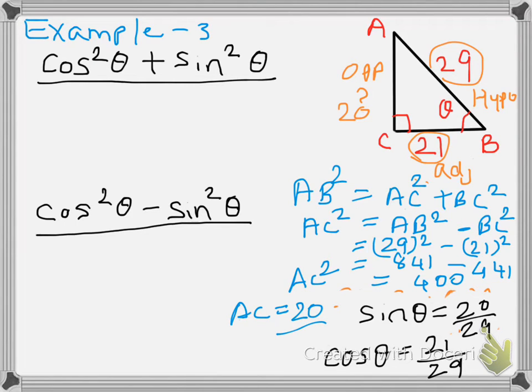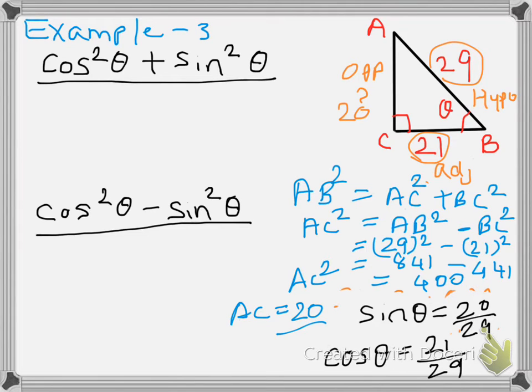I hope you are with me so far. We just used the mnemonic and the Pythagoras theorem to calculate the values of sine theta and cos theta. Now we just have to plug those values into these two equations to find their values.